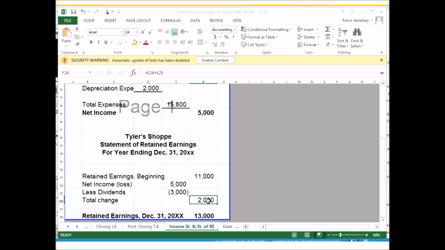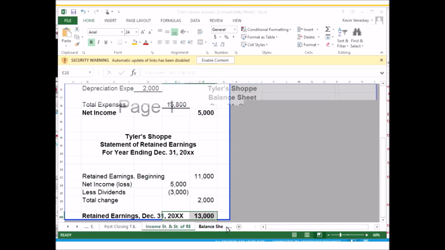So we increased overall profit in the business by $2,000 after you see what we made minus what the owner took out for himself out of those profits. And we increased the business worth $2,000. So my ending retained earnings number will be $13,000. I started with 11 and now I'm at 13. And it's this number that I'm going to carry forward and connect to the balance sheet.